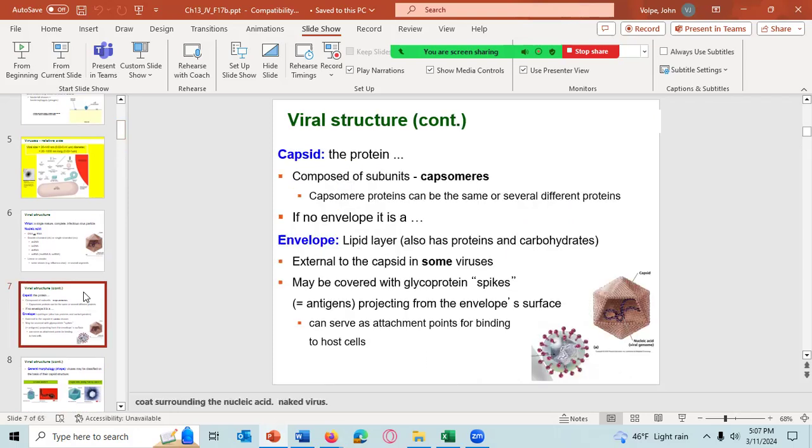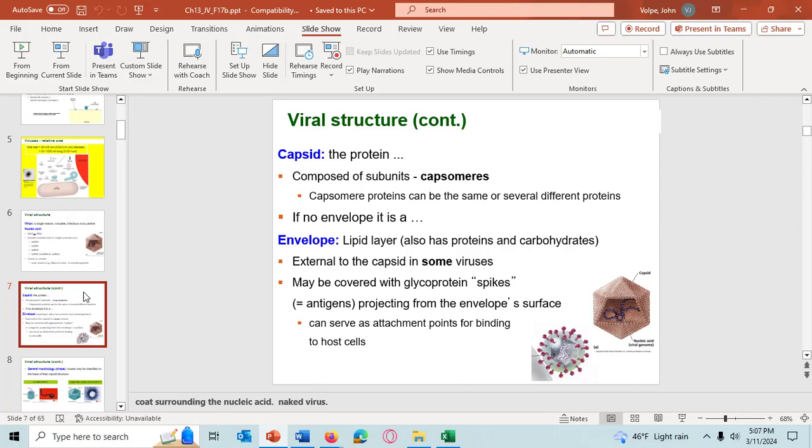Where were we? So if a virus only has the genomic molecule and the capsid, meaning there's no envelope, we call it a naked virus. Some viruses have an envelope. This is a lipid bilayer.